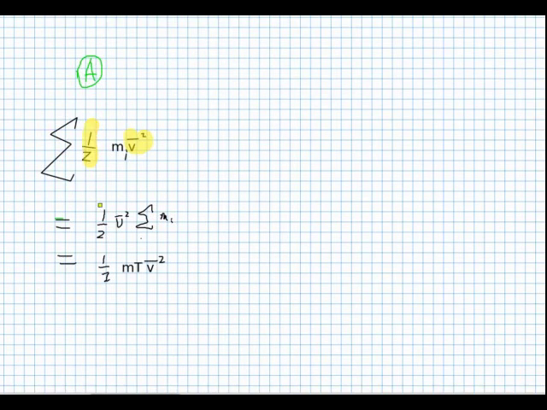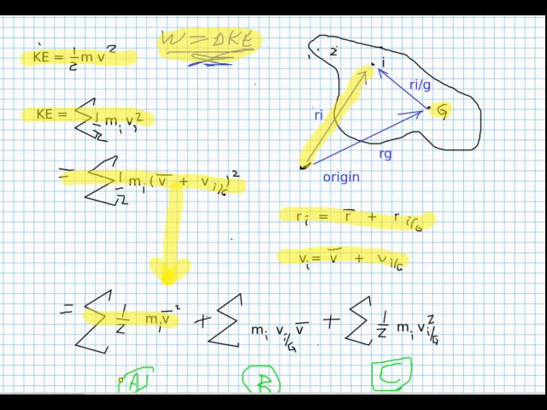The number 1/2 is also a constant, so that can come outside the summation. All that's left inside the summation is the sum of all the individual masses, which is the total mass. So term A, after you do the summation, is 1/2 times the total mass times the velocity of the center of mass squared.